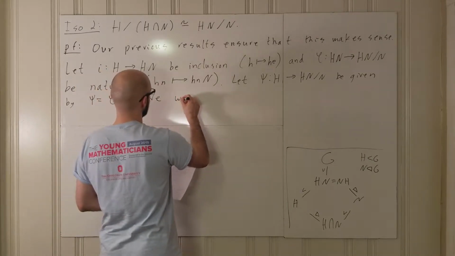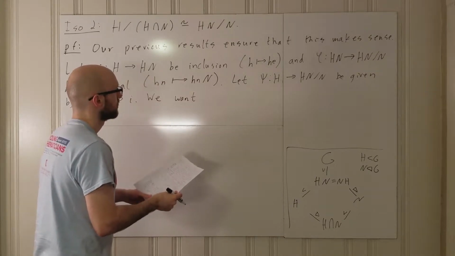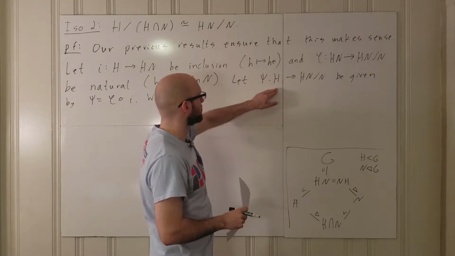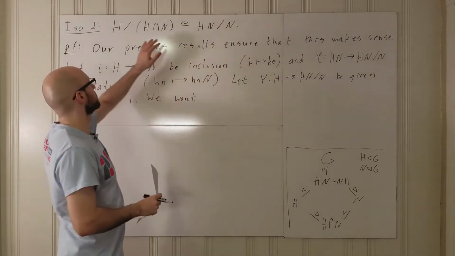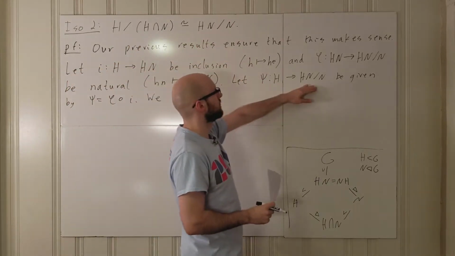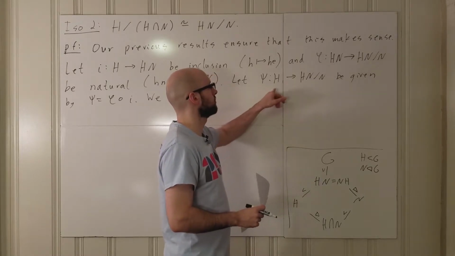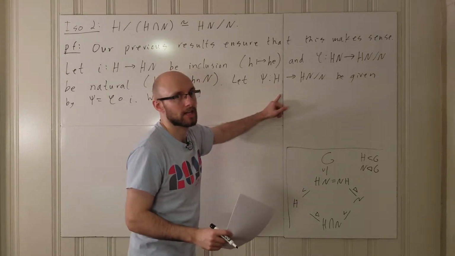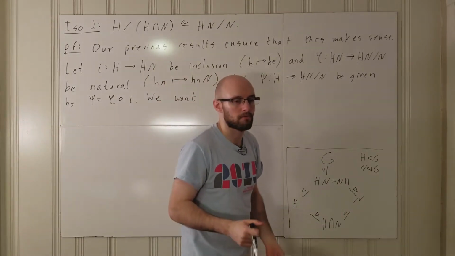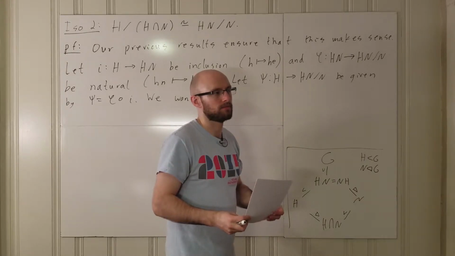So we want an isomorphism between H mod H intersect N and HN mod N. So we want psi to be surjective, and we want the kernel of psi to be H intersect N. Because if we have both of those, then we can apply the fundamental theorem of group homomorphisms.